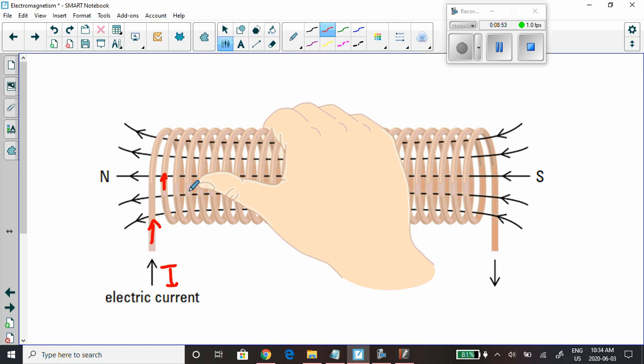Down behind it, up in front. Down behind it, you see the wire back there? Up in front. So that means all the wires at the front of the coil, the part of the coil that's facing you, the current is moving upward here. So at the front of the coil, the current is moving upward.